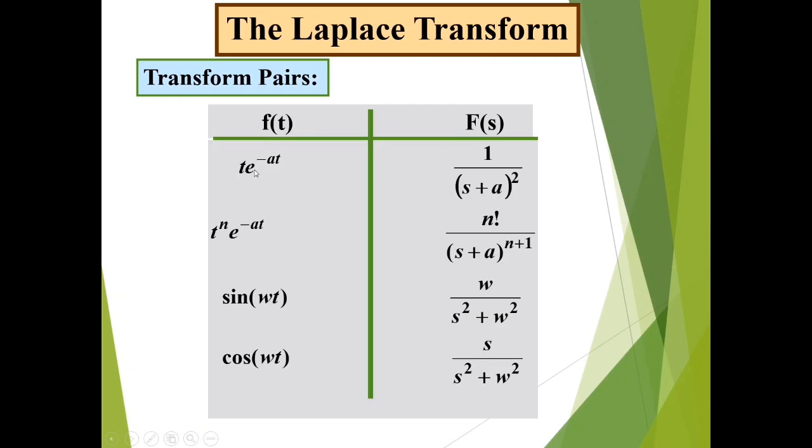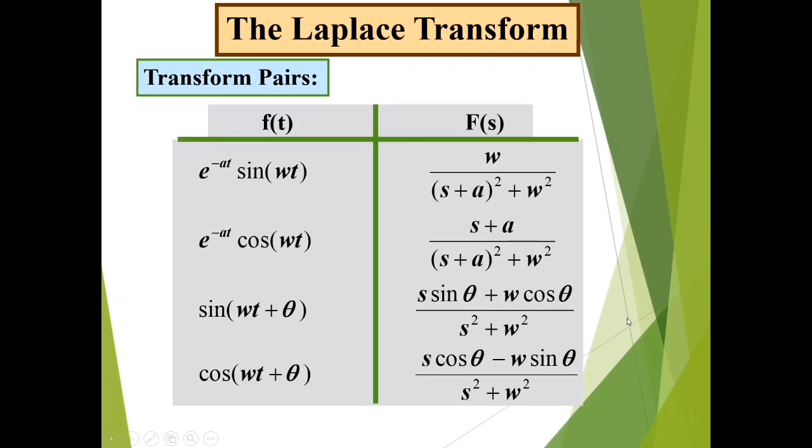L of t into e power minus at is 1 by (s plus a) the whole square. L of t power n into e power minus at is n factorial by (s plus a) the whole power n plus 1. L of sine omega t is omega by s square plus omega square. L of cos omega t is s by s square plus omega square.